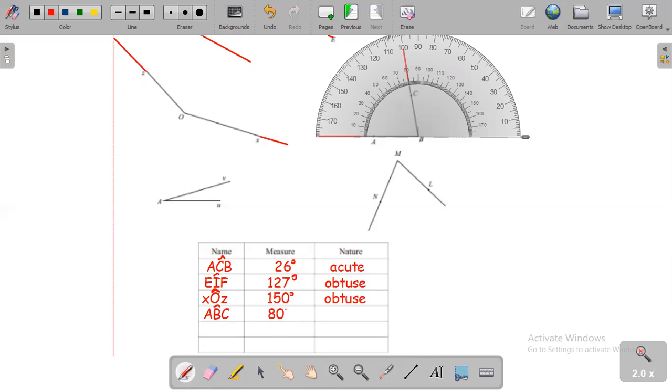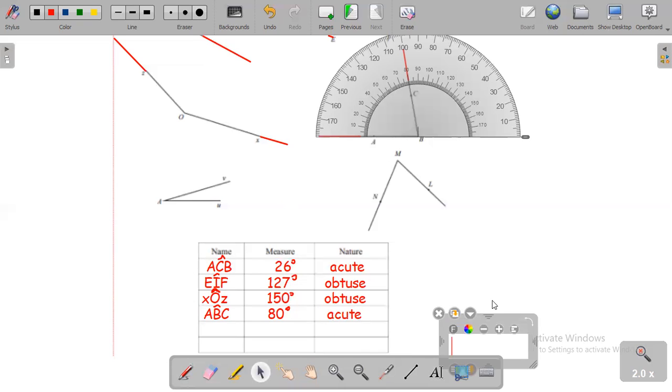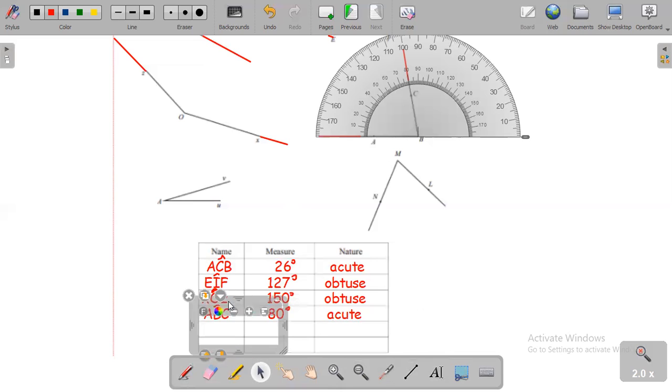What is the nature of this angle? 80 is less than 90 degrees. So the nature is acute. Let's write the name of this angle. The vertex is A. The vertex should be at the middle.